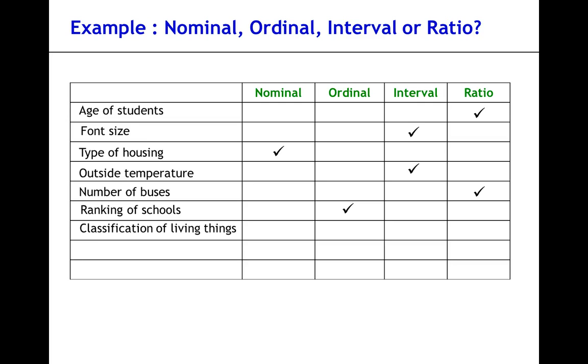For classification of living things into animals, birds, plants, and fungi, data are classified by categories, and the categories have no particular order of ranking, so that's nominal scale. For Richter scale, 9 is more powerful than 7, so some form of unit of measurement is involved.